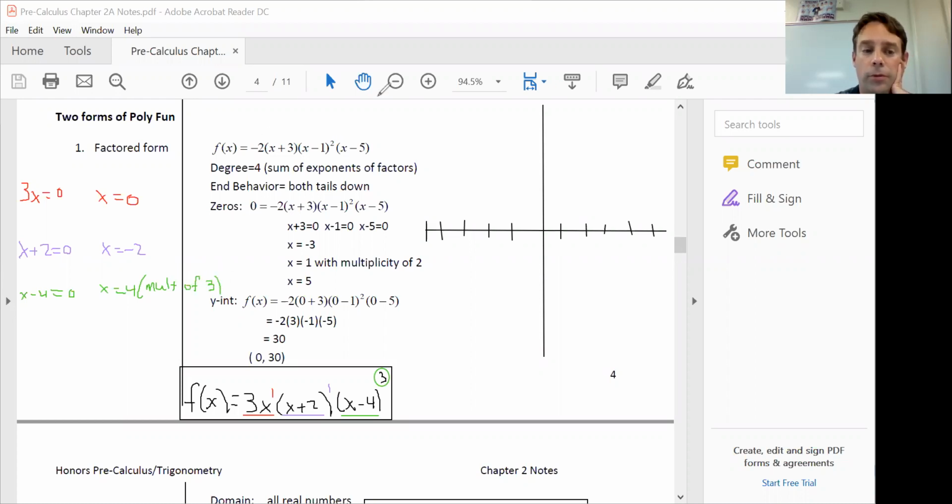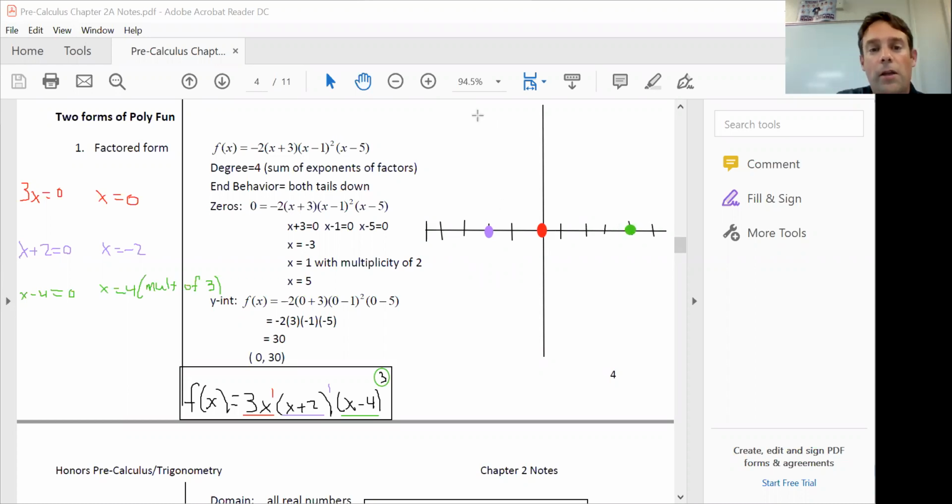So we're going to go ahead and draw these up here. I had one at 0. I had one at -2. And I had one at 4. Okay, so these are my zeros.